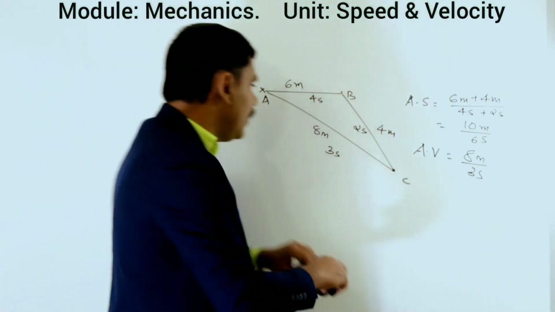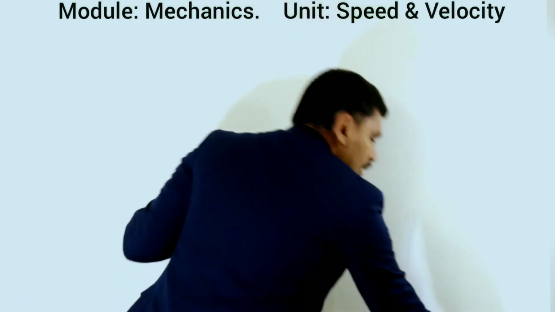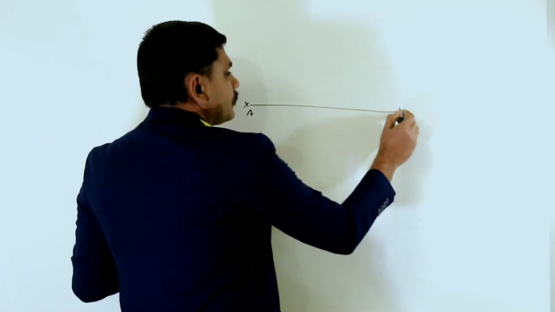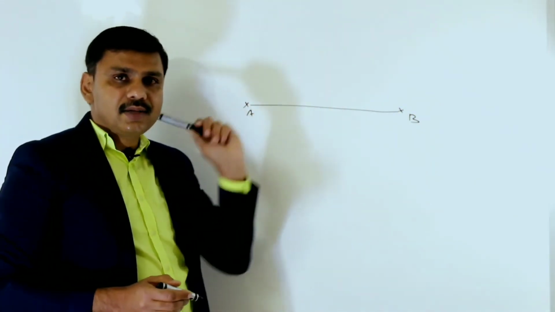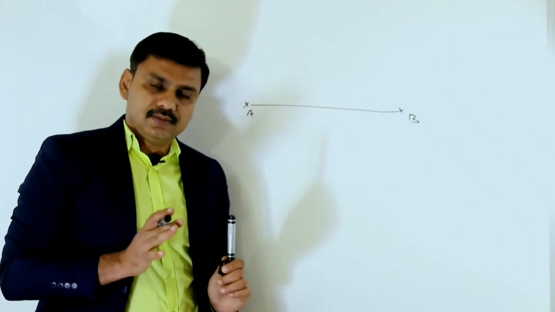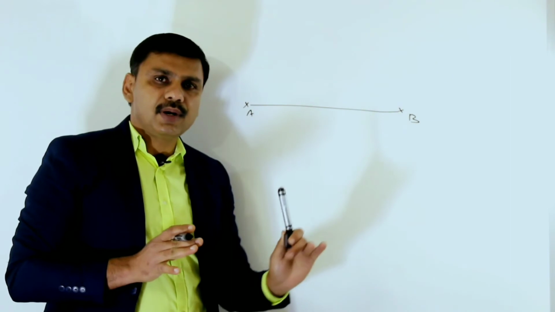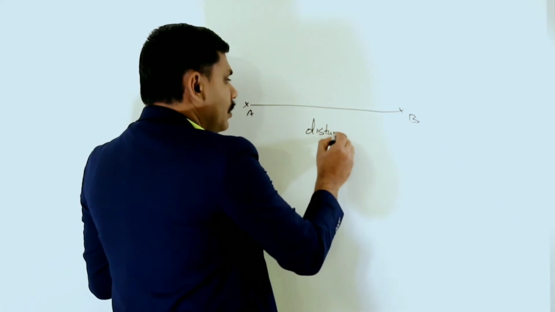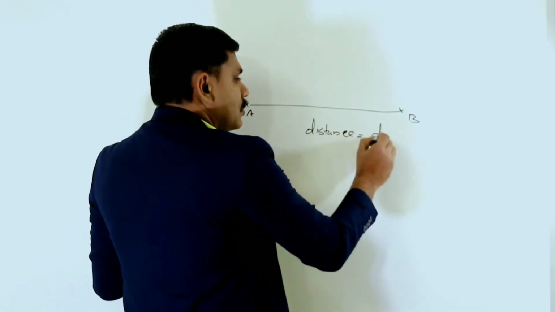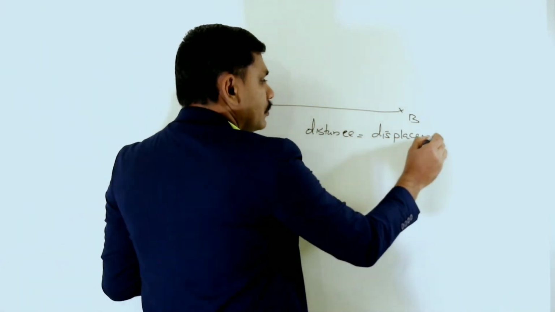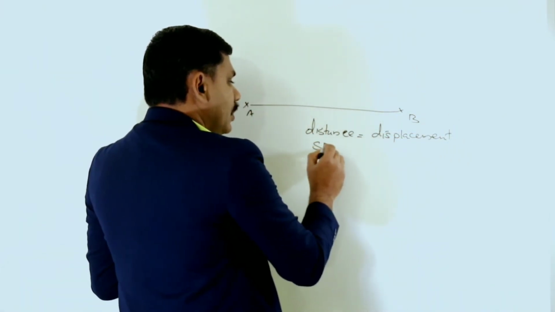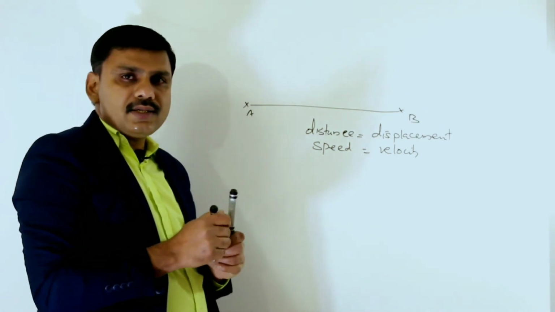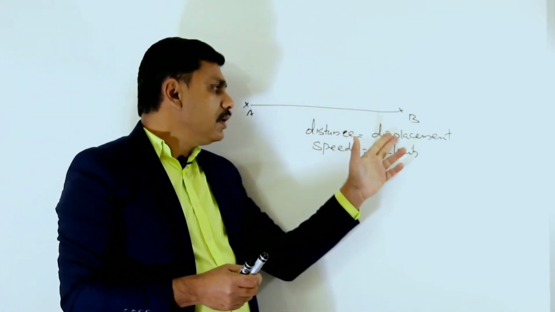One thing you have to remember: if an object is traveling along a straight path without change in direction, then in that case distance will be equal to displacement and speed will be equal to velocity, because distance simply is displacement.